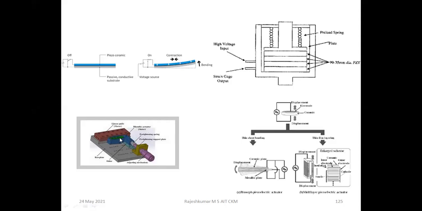So this is one example where you can see the working condition, a typical example of the piezoelectric effects. Generally it is utilized as a multi-layer or single layer, and the application decides whether we go for single layer or multi-layer working conditions.